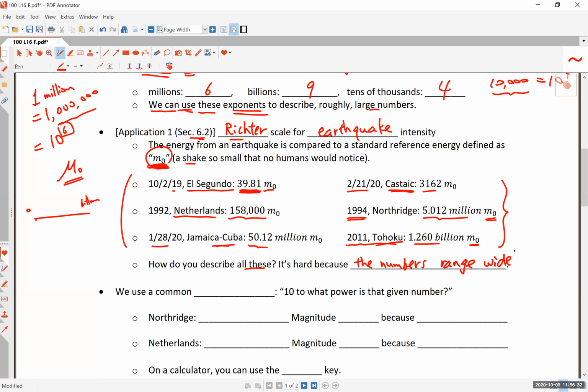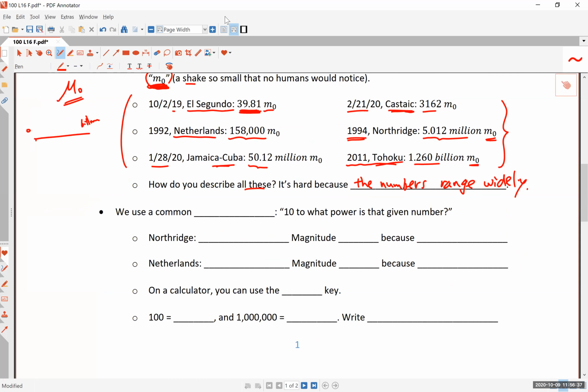Okay, so in order to understand these numbers better, Richter decided to use a logarithmic scale to describe these levels of earthquakes, right? So we use the common logarithm. And by the way, we have many different functions called logarithms in mathematics. In fact, we can define infinitely many of these.